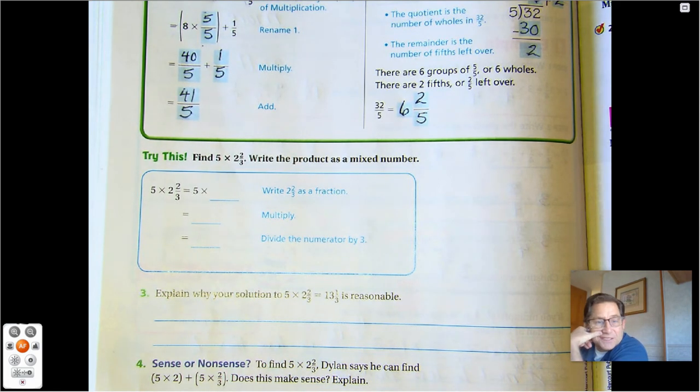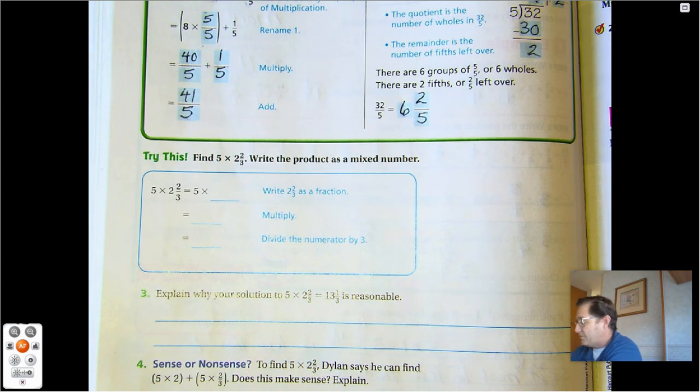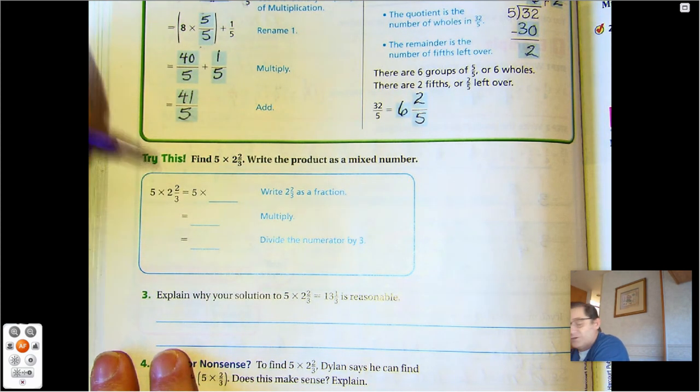Write the product as a mixed number. 5 times 2 and 2/3. So the first thing we need to do is change the 2 and 2/3 to a fraction.